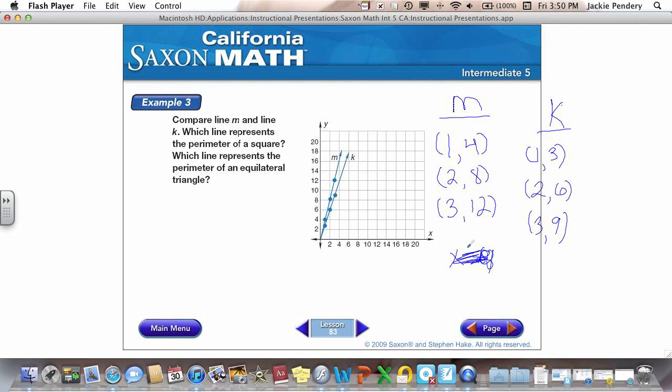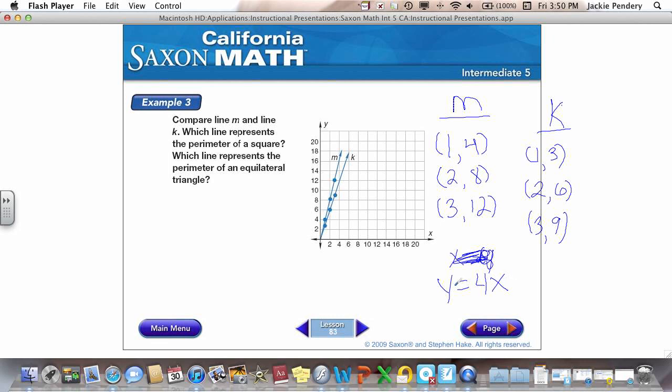So if I look at this, if I want to know the relationship between x and y, if I want to get 4 from 1, I have to multiply x times 4.